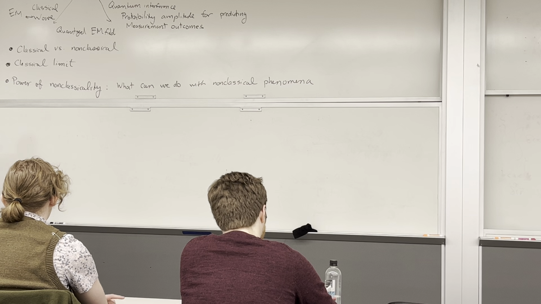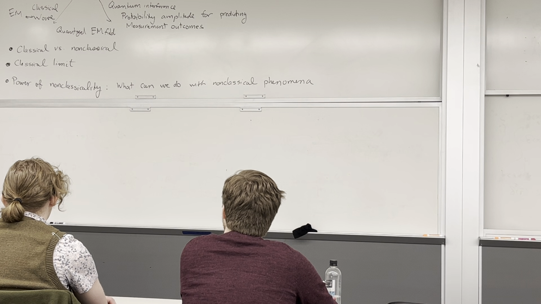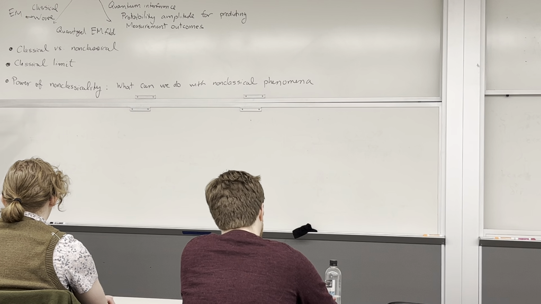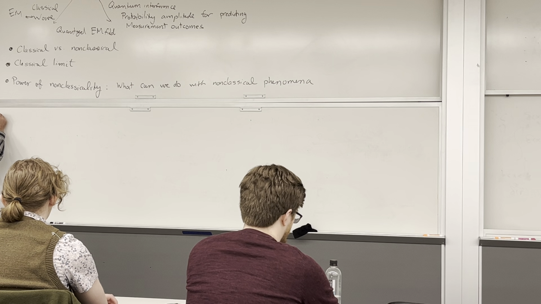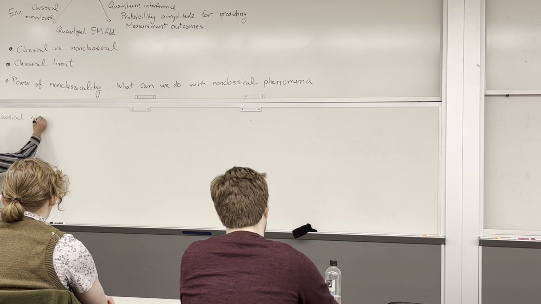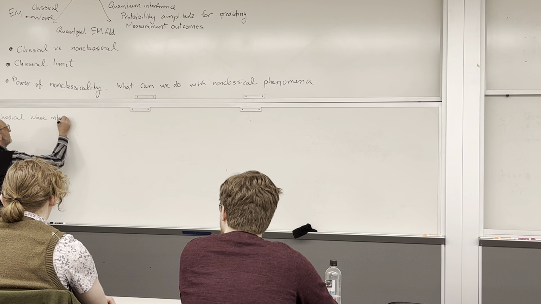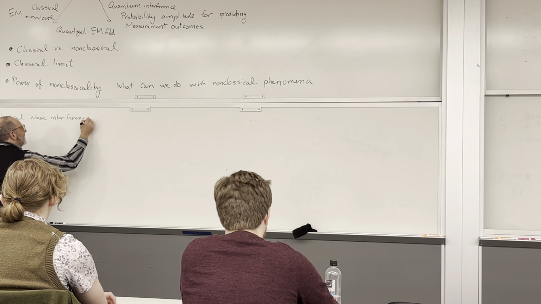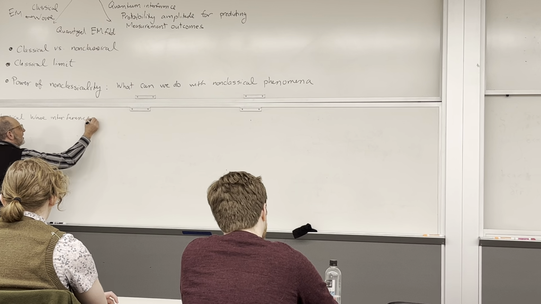So let's just remind ourselves of some of these things and what we discussed last semester. When we think about classical wave interference, we thought, for example, of an interferometer.